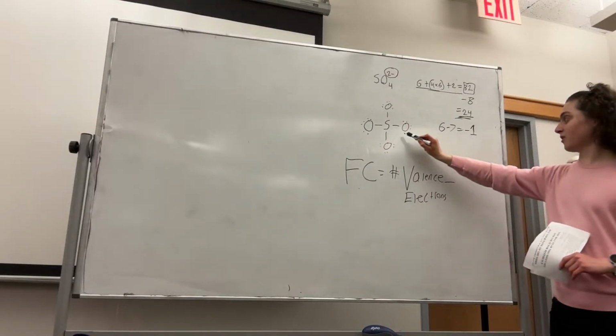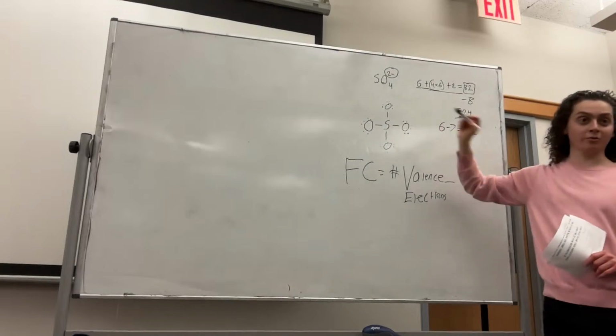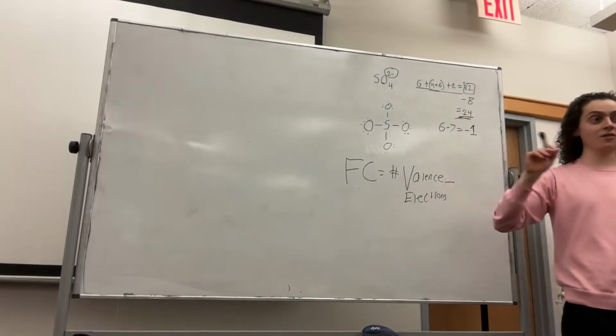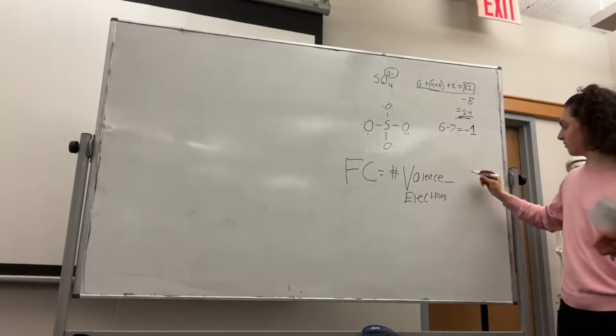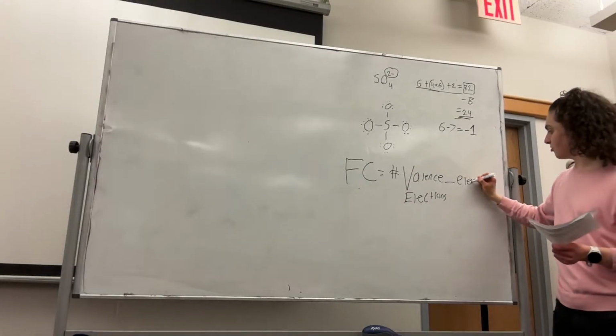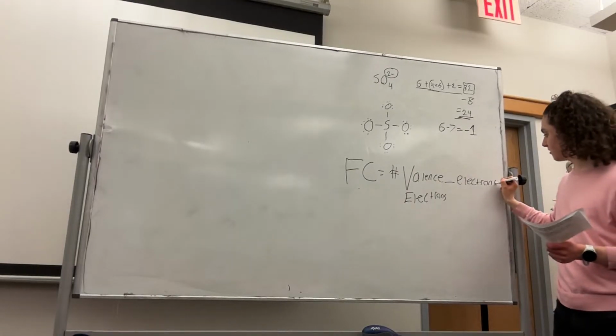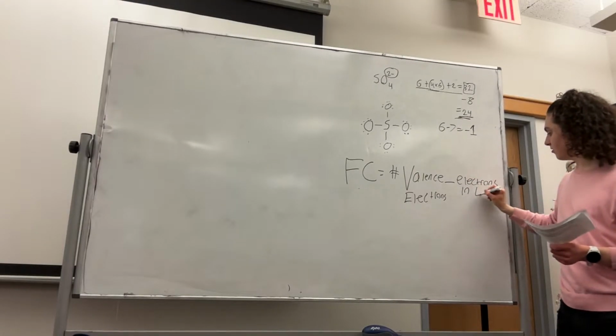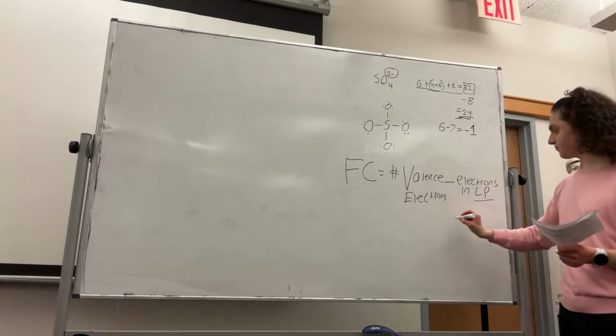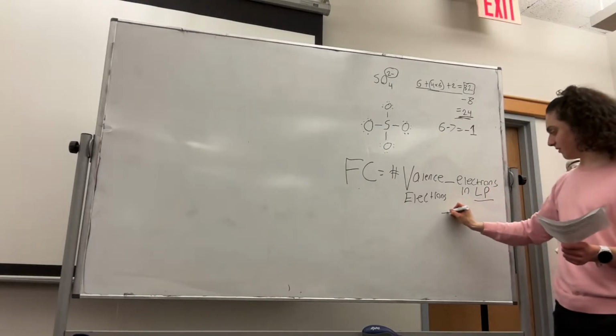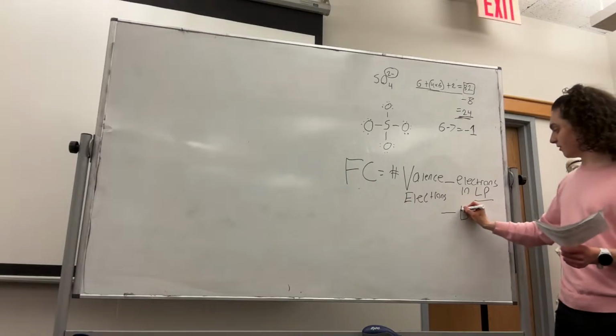So these are all culprits for our formal charge count. They're dots, they're right there, we subtract them. So minus electrons in LP, lone pairs, minus the bonds.